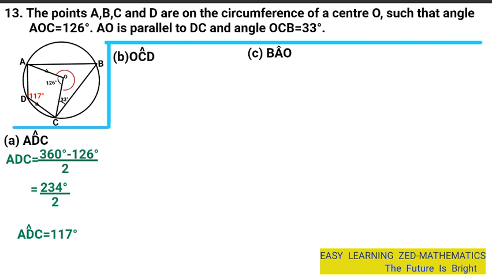Now next, let's go to question B, where we need to find angle OCD. You also need to understand that the two lines, line AO and DC, are parallel lines. That means line OC is a transversal line.